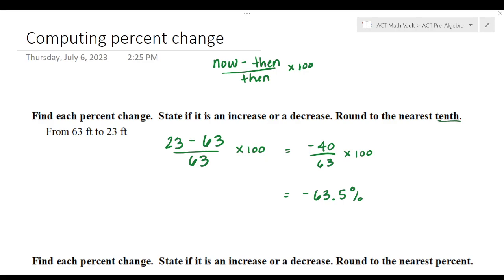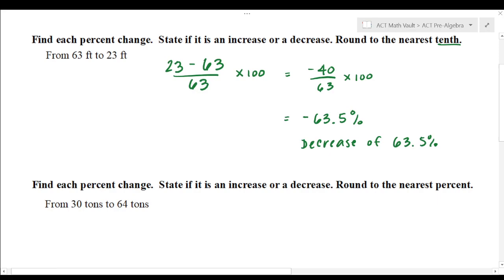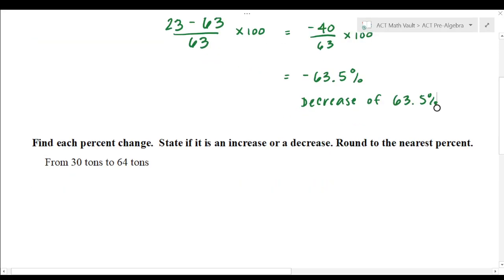It's not asking that. It's saying by what number did it decrease. So if it's negative, then you would report this as a decrease. So you would say decrease of 63.5%.